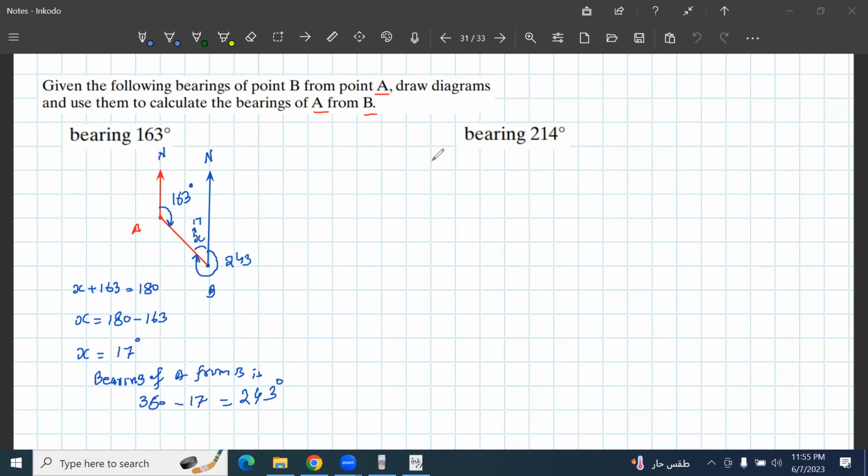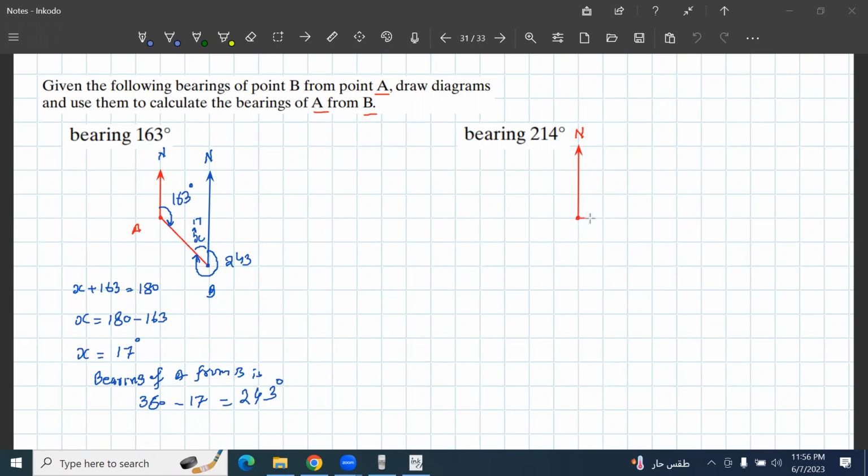Now the next question is, the bearing is 214. So let's suppose we have a point here, okay? Draw north first at the same point. So the north is straight up, okay? And then remember that this is our north, and the angle given is 214, okay?